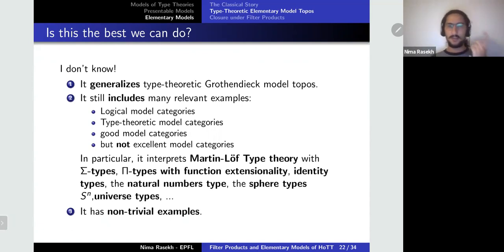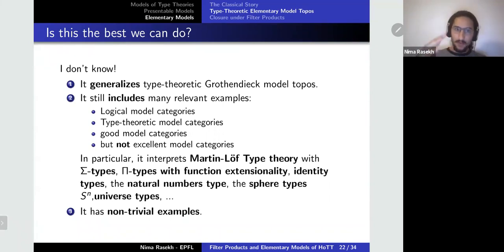First of all, it does generalize Shulman's definition. By default, almost every Grothendieck topos is elementary and so on. It still includes all the classical other definitions. So it is logical, type-theoretic, good, but not excellent, which, if you know what excellent means in this context, excellent means it's combinatorial and some stuff, and that cannot hold, obviously.